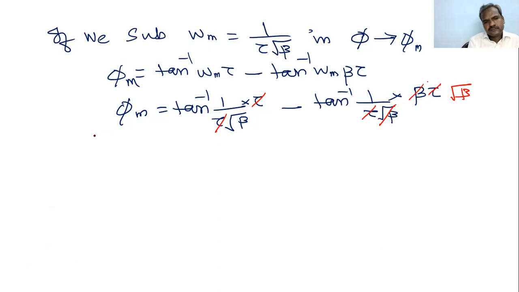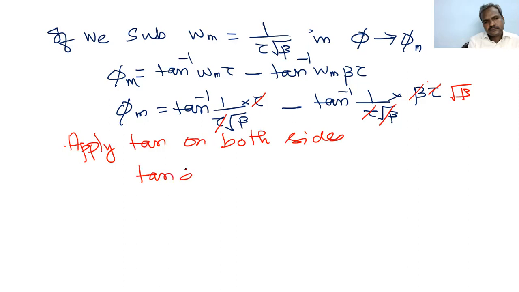Understand or not? So I am going to apply tan on both sides. So what is tan phi m? Equal to tan of tan inverse of 1 by root beta minus tan inverse of root beta.